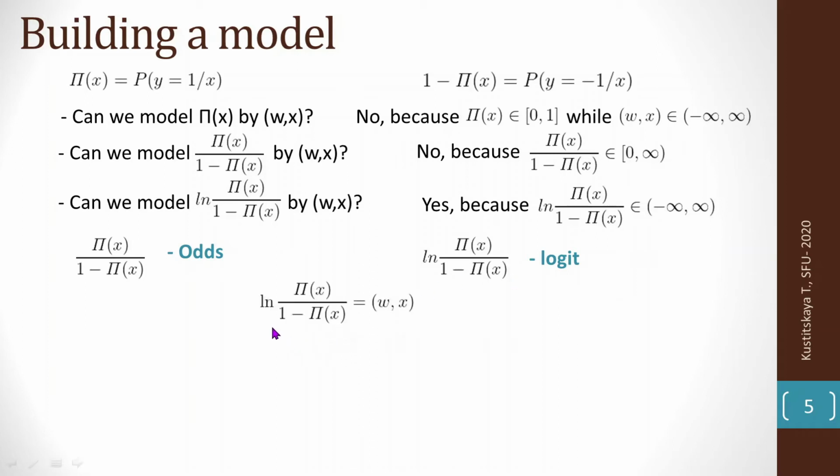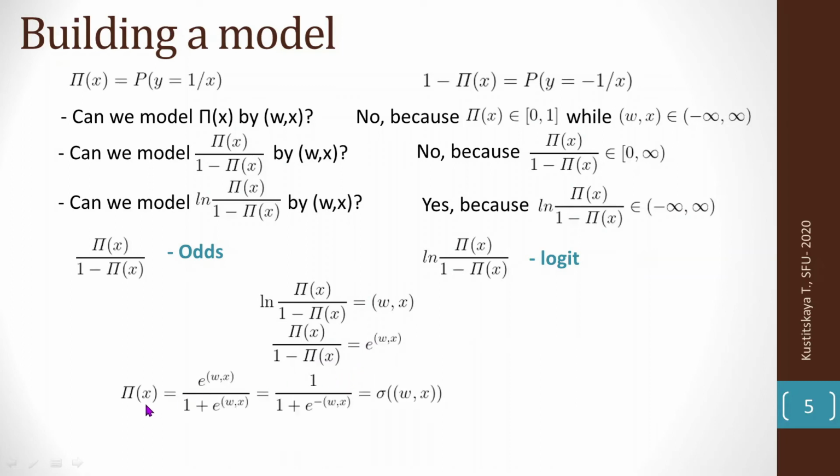We've got an equality: logarithm of P of x over 1 minus P of x equal to w dot x. And now we should yield P of x from this equation. Firstly, we exponentiate both sides of the equality, and then we can yield P of x from this expression.